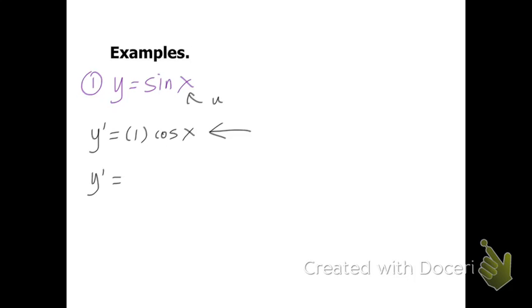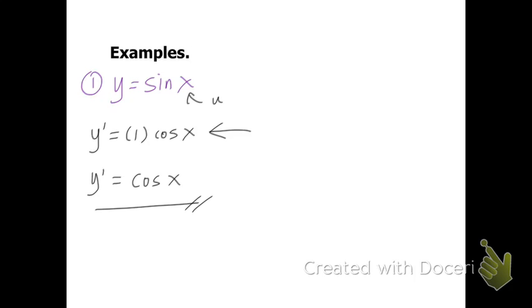This is my derivative. I'm just going to simplify. Y prime, the derivative, my final answer is cosine of x. And that's it. That's the derivative of sine of x. The derivative of sine of x is cosine of x. I'm done with this example.